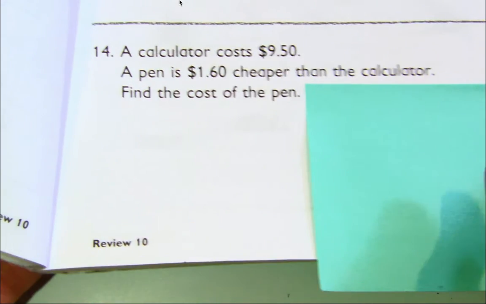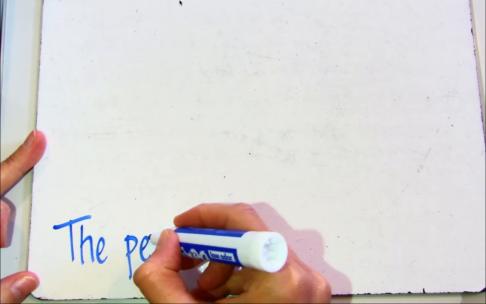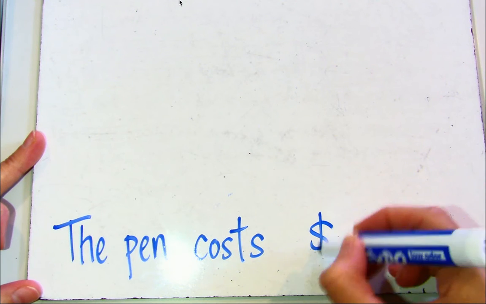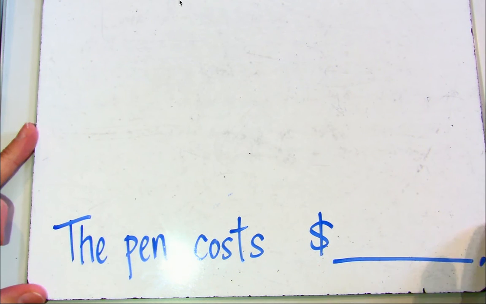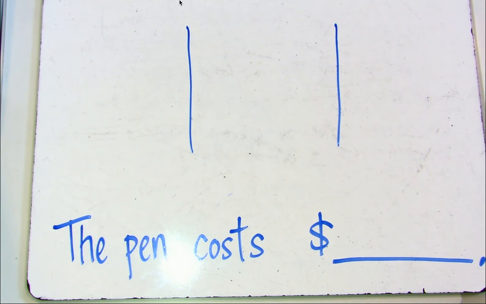So that's kind of our question, even though it's not a question, it's what we're supposed to find out, or what we're supposed to solve. At the bottom of our paper, we can make that into an answer sentence. So we can say the pen costs blank dollars. Now we're going to go back and think about what are we talking about?